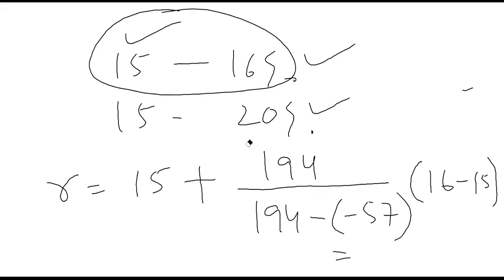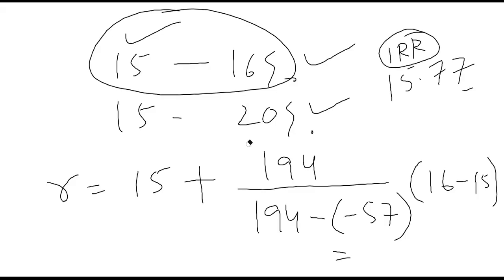If you are doing it by 15 to 20, accordingly take the 20% value and its NPV. Tell me the answer. Ma'am, 15.77%. 15.77 is the IRR for this project.